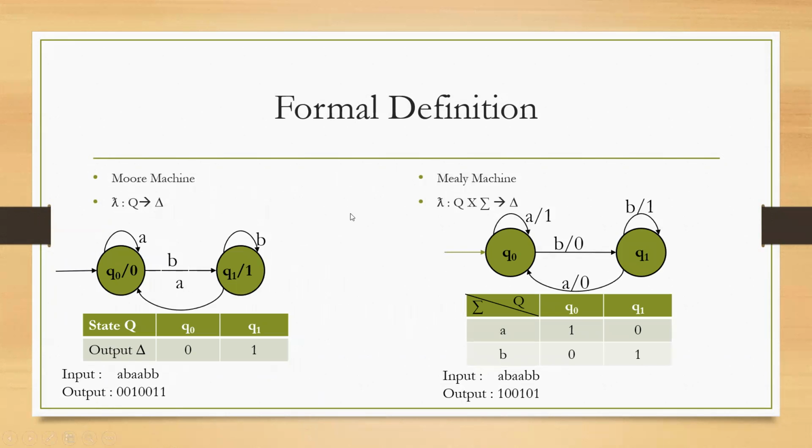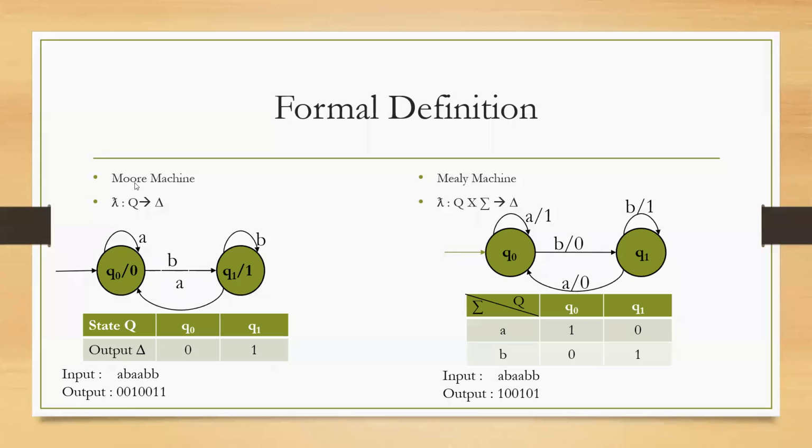Now here you can see the difference. This is your Moore machine. So here its machine function, lambda, how it is shown, you can see the capital Q, which is nothing but a set of states, and it is directly mapping to the output symbol delta. It means for each state, there is some output symbol associated.